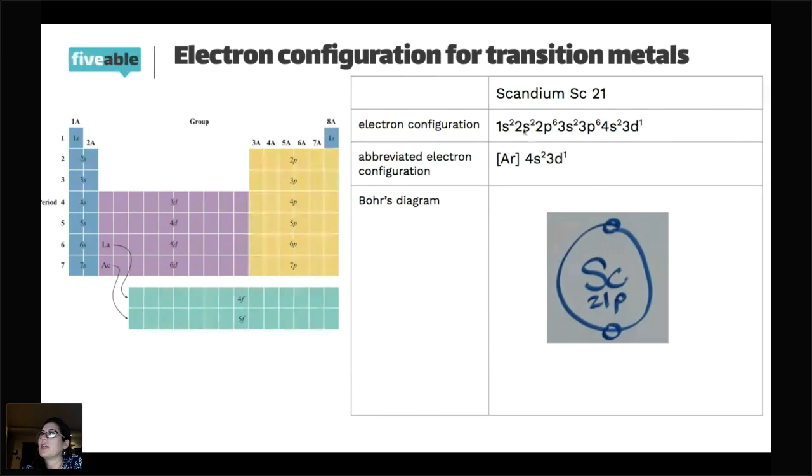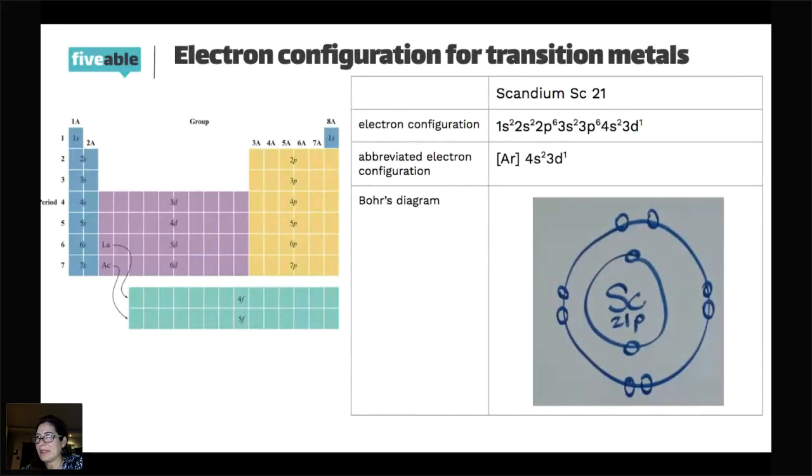The second shell, how many electrons? Correct, 8 electrons. So the second shell will have 8 valence electrons.